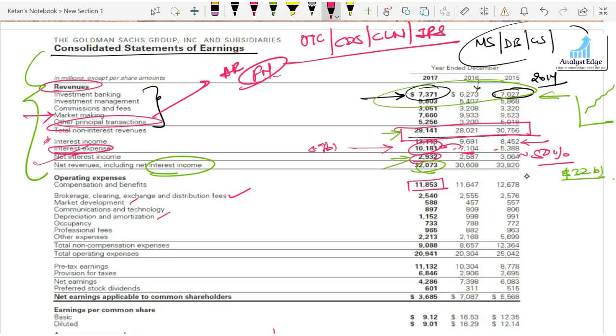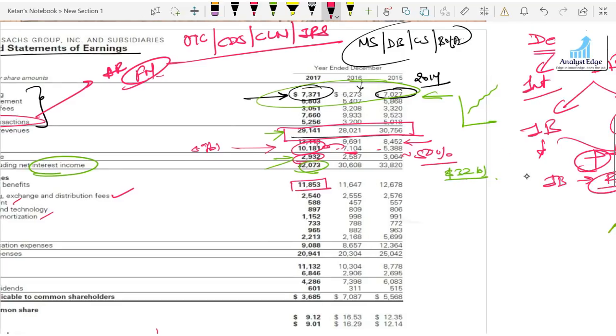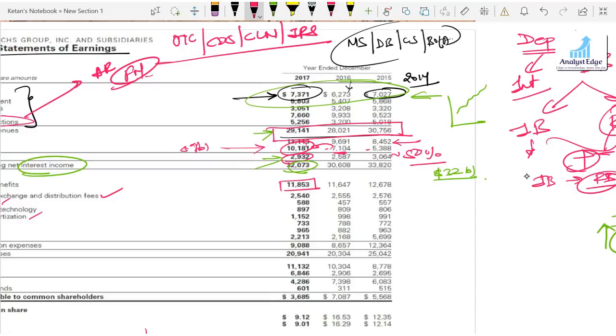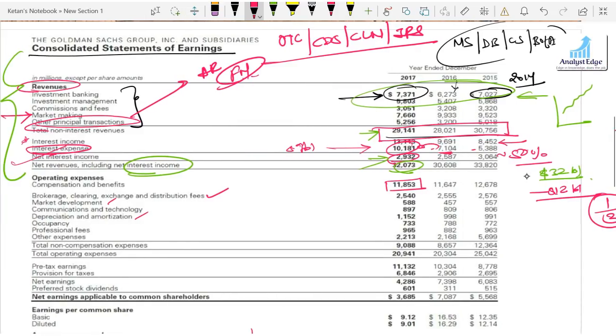That's compensation and benefits. Now, if you look at, guys, out of this 32 billion out here, comp and ben constitutes $12 billion, which is round about 1/3. That's huge. But again, it's a service industry, right? You've got to pay your traders, you've got to pay your sales team to make money. But again, I think this is something they can take care of. So this cost head, they can take care of.